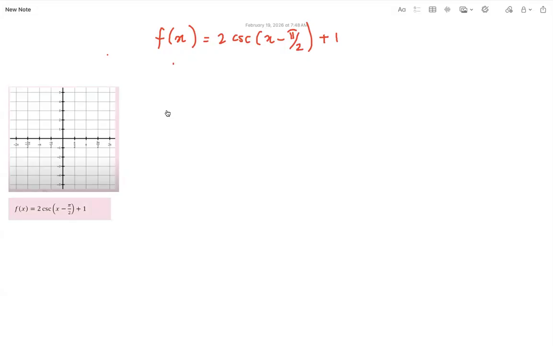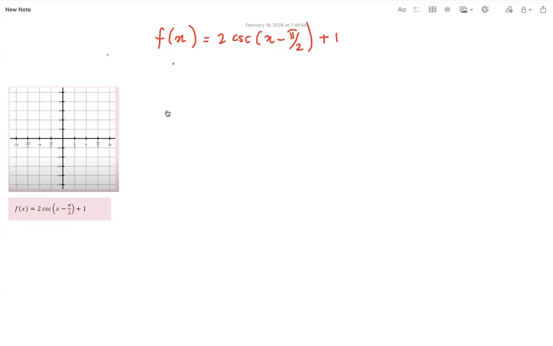I was trying to figure out a way to memorize these three. Okay, I see. But sine inverse is easy for you, right?